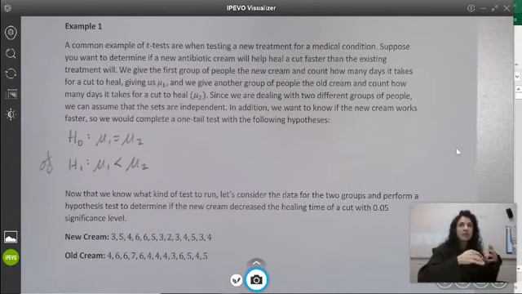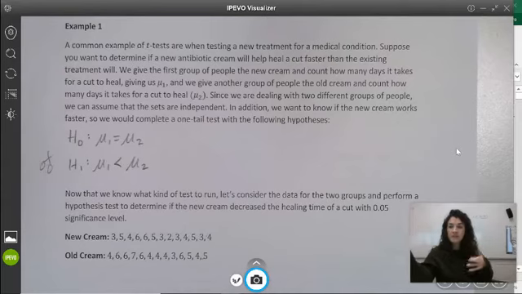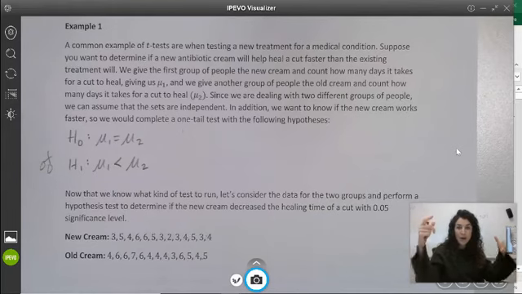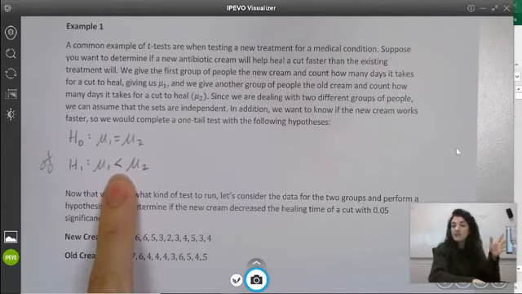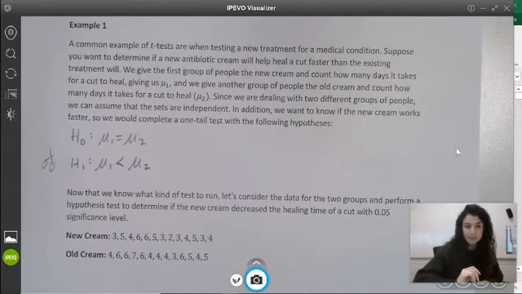If it doesn't say we're predicting it's going to be greater, or we're testing to see if it's going to be less than, and we're just comparing averages, and there's no indication of greater than or less than anywhere in the wording of the problem, then your alternative hypothesis would just be that they are not equal, and we'll see that in a later problem.